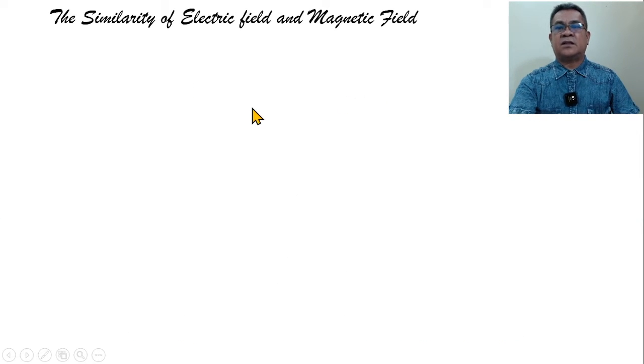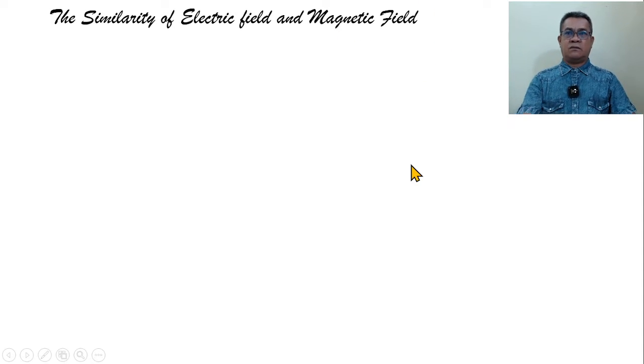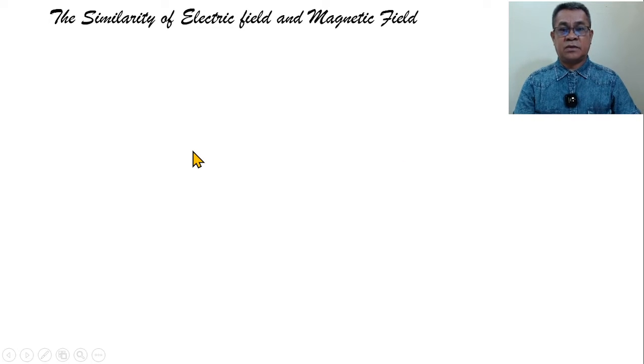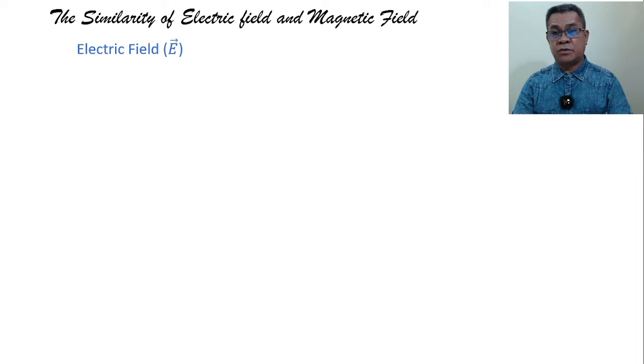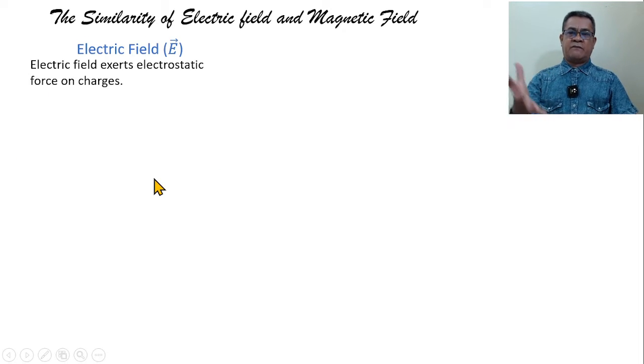Now, before that, let us look at the similarities of the electric field and magnetic field, and also the differences between the two quantities. Take note that in our lecture on electrostatics, the electric field, which is the result of the charge distribution of a source charge particle, exerts a force on the charge.